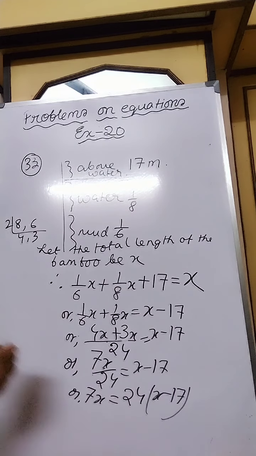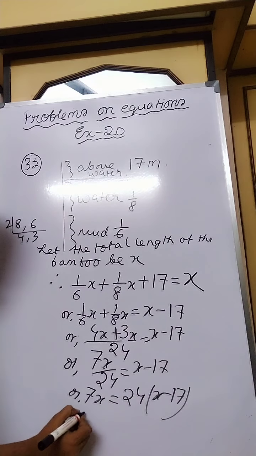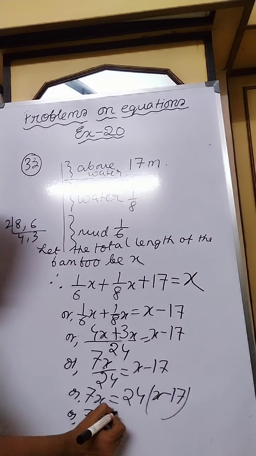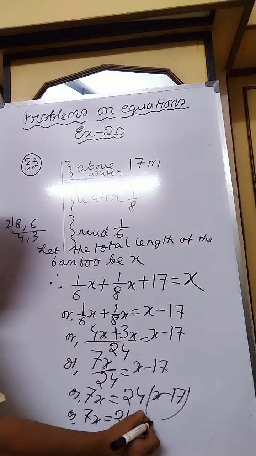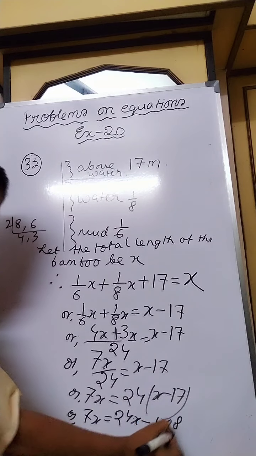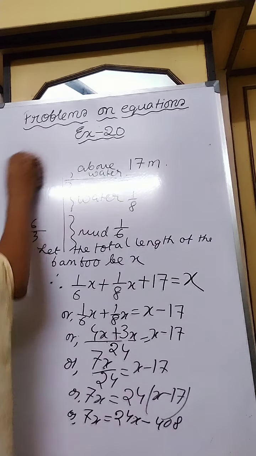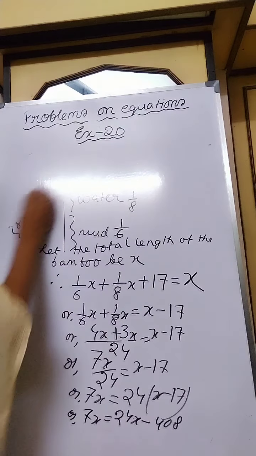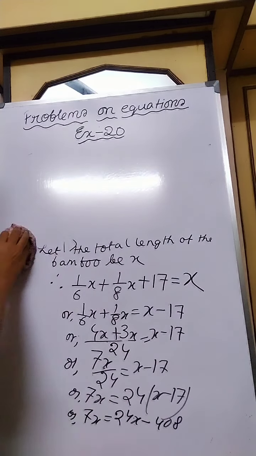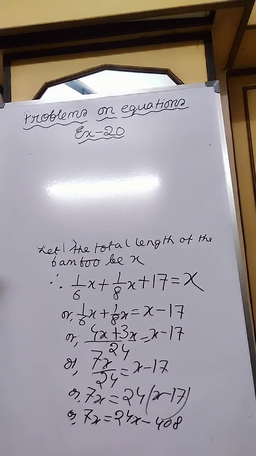So 7x equals 24x minus 408. If you multiply 17 and 24, you are going to get 408.